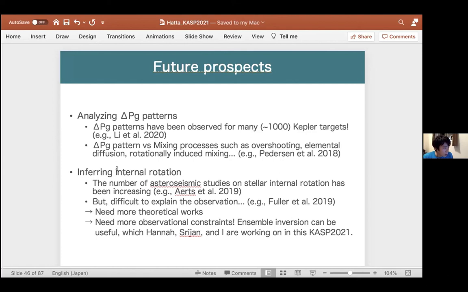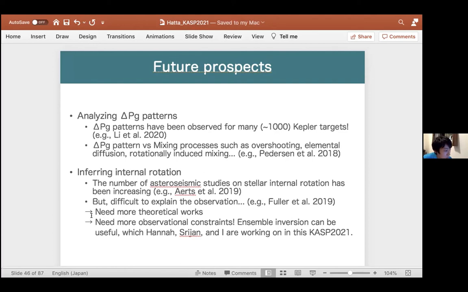In terms of internal rotation, the number of asteroseismic studies on stellar internal rotation has been increasing, but it is very difficult, as you know, to explain the observations based on numerical calculations of angular momentum transfer and so on. I'm not an expert in numerical simulation, but maybe we need more theoretical work.